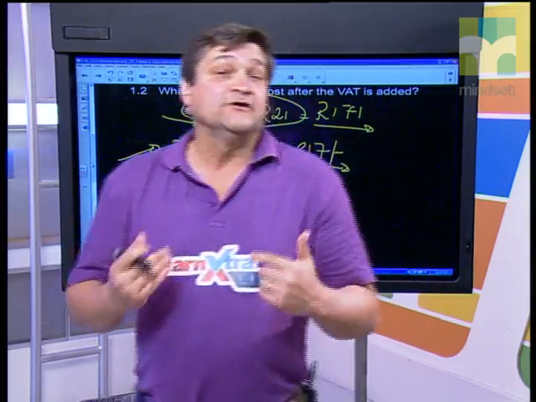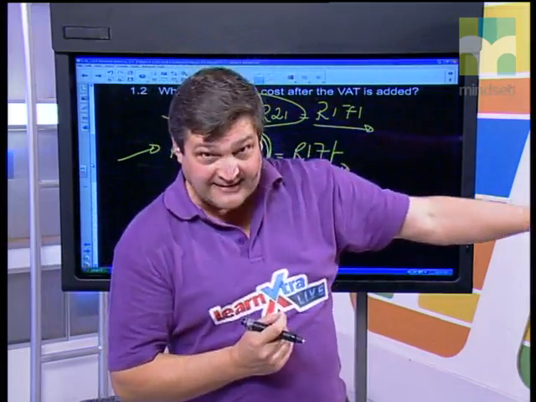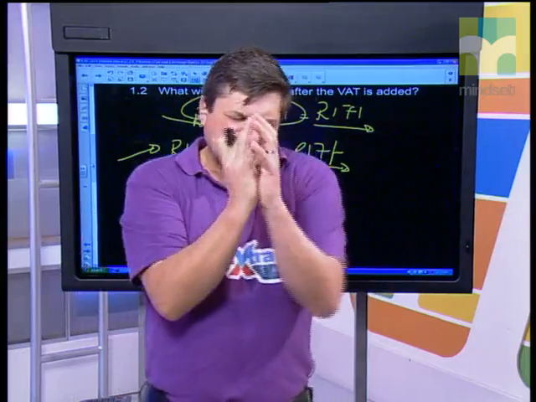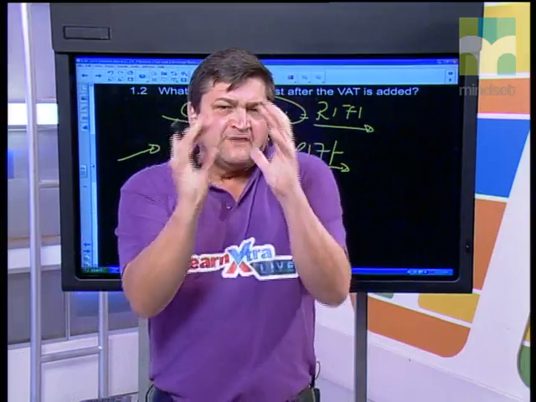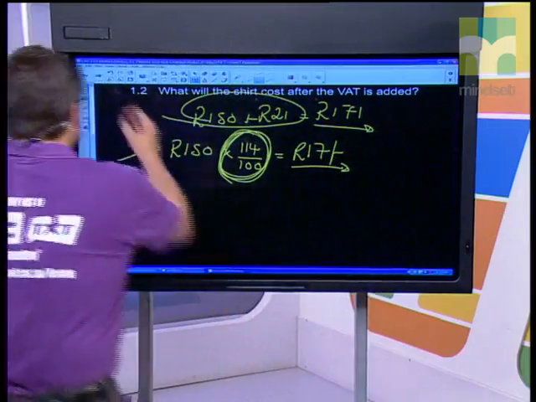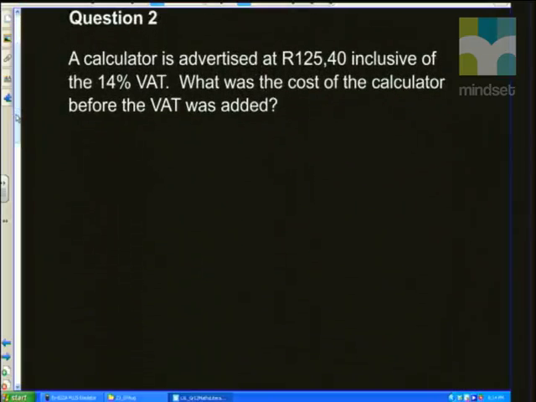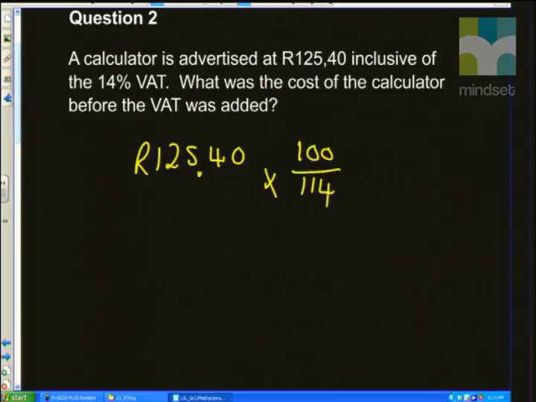If I want to know the price before the VAT was added, then I'm going to take that same wonderful fraction of 114 over 100, but I'm going to invert it. Let me show you exactly what I mean. So here it is. We've got our Casio calculator. It cost 125 Rand 40 with the VAT. We're now going to multiply it by 100 over 114.